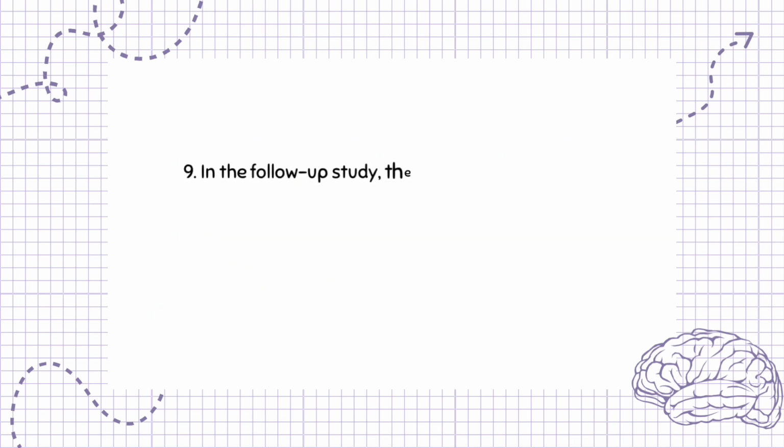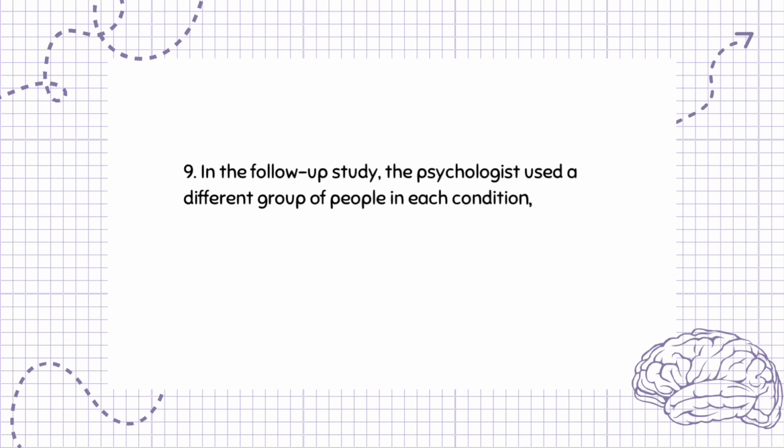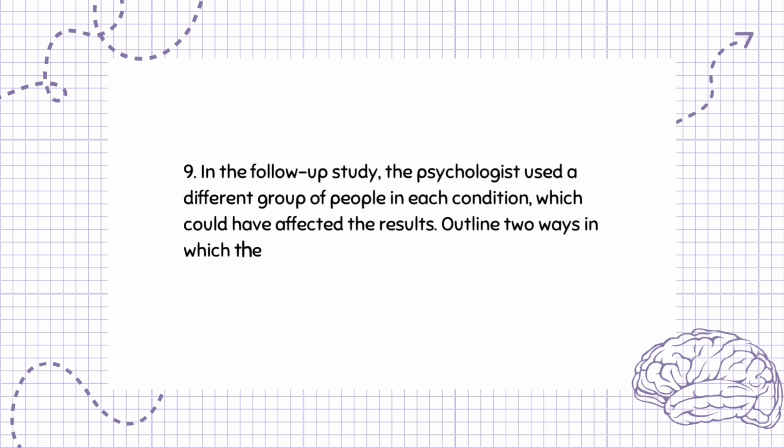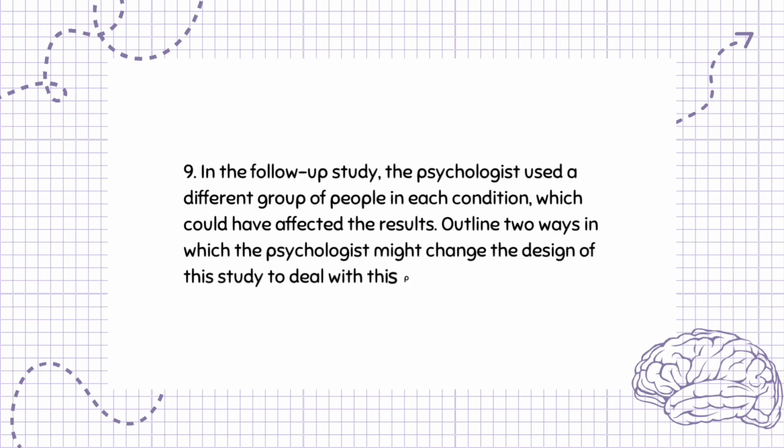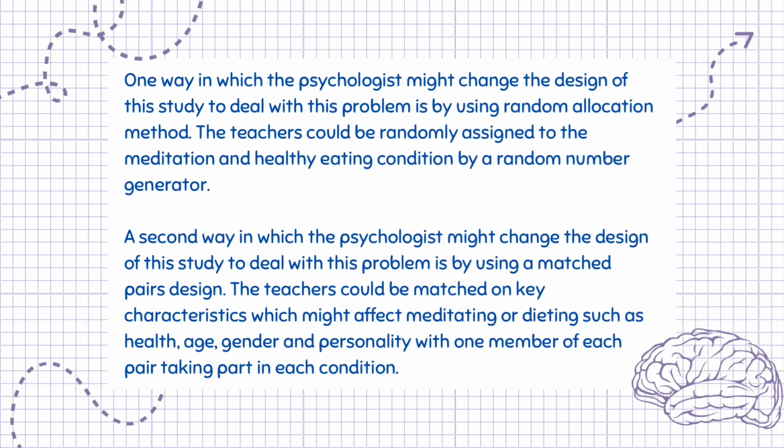Question 9. In the follow-up study, the psychologist used a different group of people in each condition, which could have affected the results. Outline 2 ways in which the psychologist might change the design of this study to deal with this problem. 6 marks. One way is by using a random allocation method.